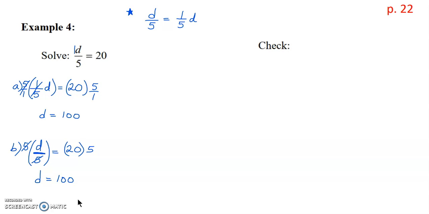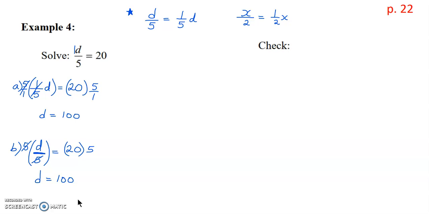D over 5 is equal to 1/5 times d. Just like cutting something in half is the same as multiplying it by 1/2. So x over 2, something divided by 2, is the same thing as multiplying it by 1/2.